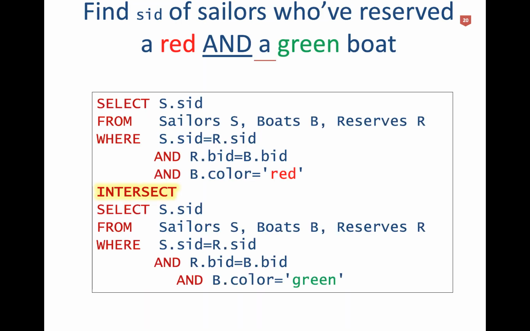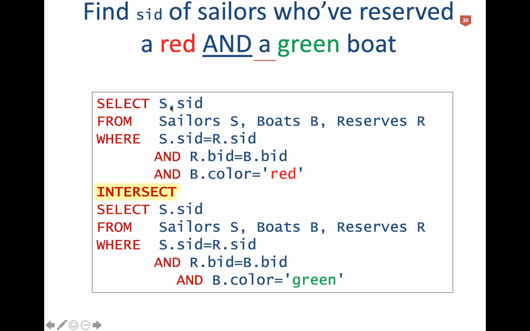So another way of doing it is using the word INTERSECT, okay, where you will have the intersection of the resulting two tables. Again, this is possible because each query answer is a relation. So what you do is you find the intersection between these two relations.